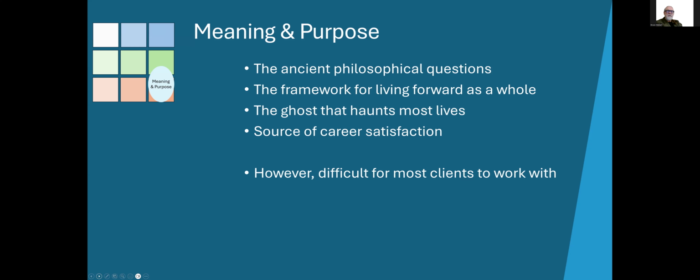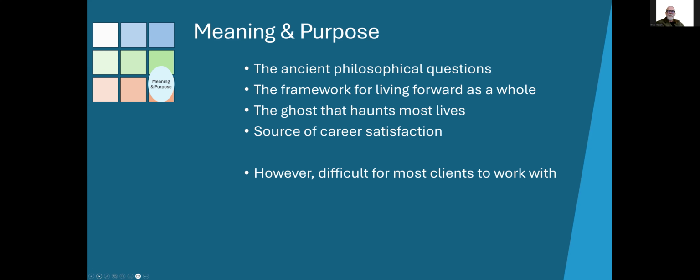Now, meaning and purpose, these are the ancient philosophical questions that have been asked for millennia. What is the meaning and purpose of my life, or of our society, our culture? These are just classic questions. We need to have some sense of meaning and purpose. Maybe. I don't know, so this is where it gets tricky. Regardless, if you're going to live forward in life, you need some sense of meaning and purpose.